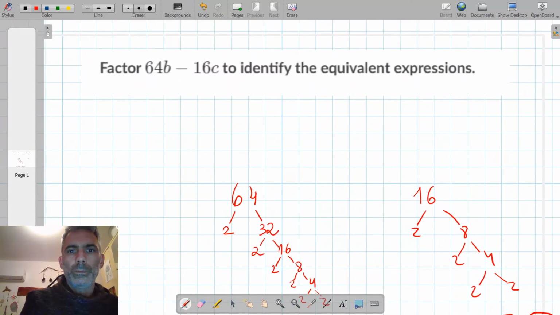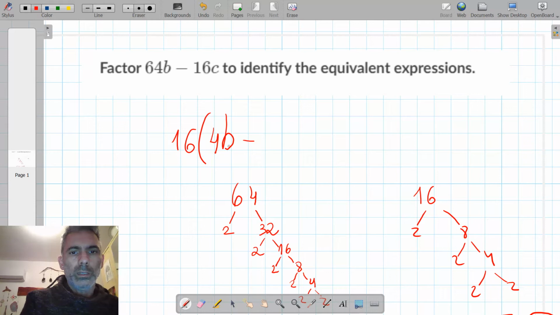So to factor out this expression, I put the 16 outside of the parentheses, and within the parentheses 64 divided by 16 is 4. So we have 4b.